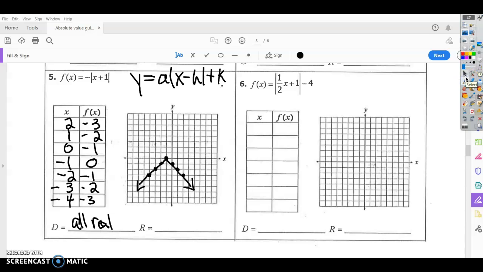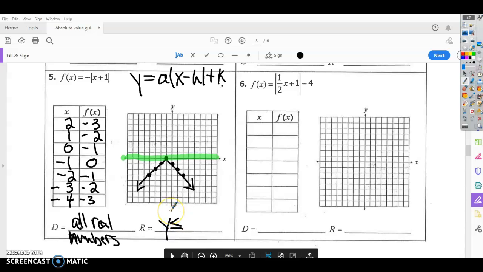All right, all real numbers. All right, your range is going to be everything below the vertex on this one. It's upside down, everything below that vertex. So your y is less than or equal to, that is at 0. So that would be your range.